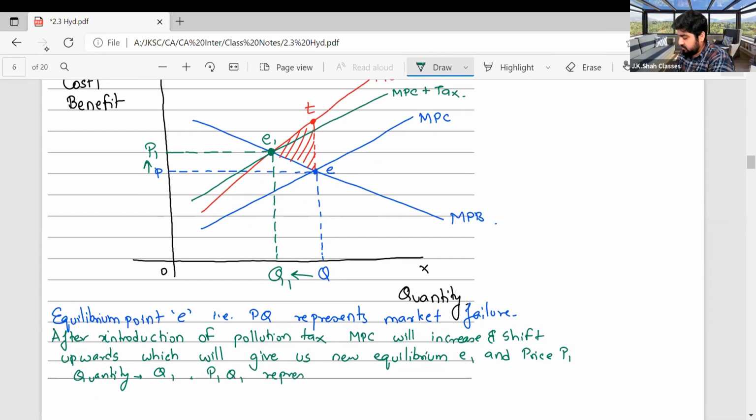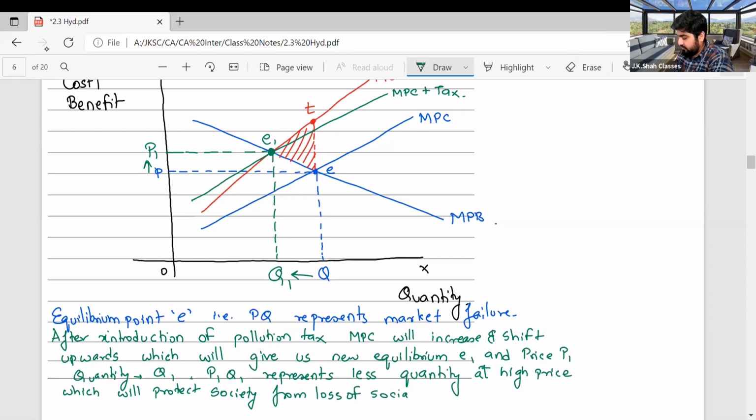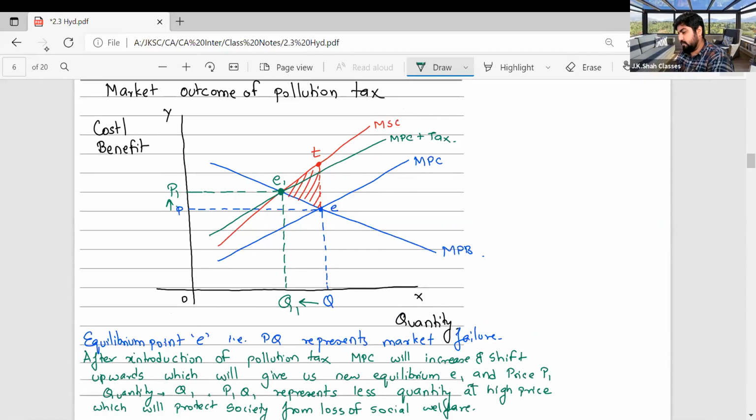P1 Q1 represents less quantity at high price, which will protect society from loss of social welfare. Full stop. Please complete this.